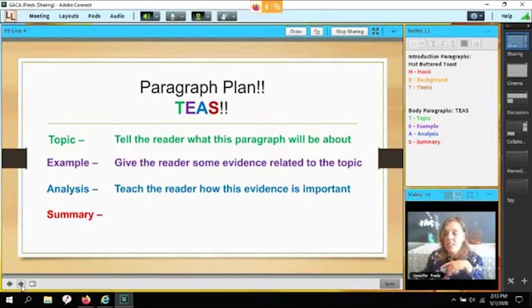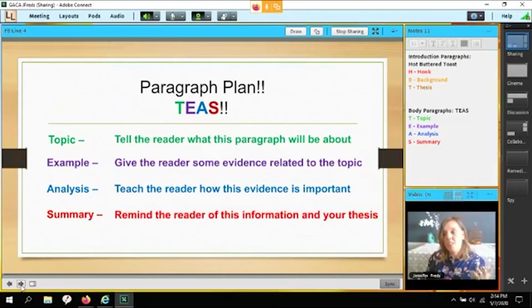And then your analysis tells them how that example is relevant to your topic or why that example is important. So you don't want to skip your analysis, because this is where you put your thinking into play and really get the reader to engage in the topic that you've chosen. So the analysis piece is very important.